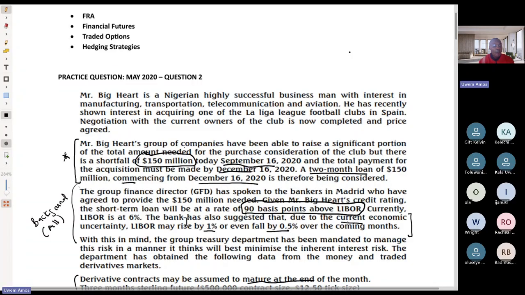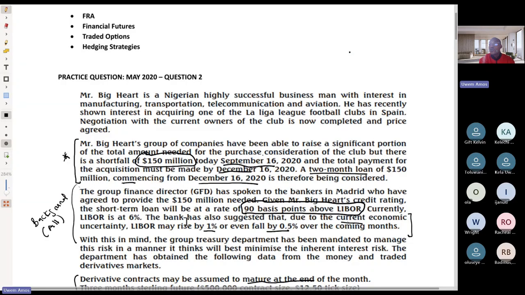Mr. Big Heart's group of companies have been able to raise a significant portion of the total amount needed for the purchase consideration of the club, but there is a shortfall of 150 million today, September 16, 2020. That's what they need to borrow. But when do they need it? The total payment for the acquisition must be made by December 16th. So Mr. Big Heart needs to have the loan by December 16th.